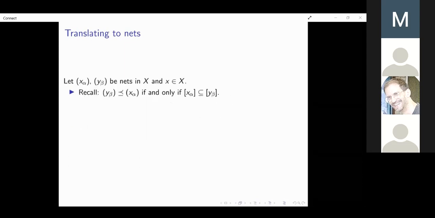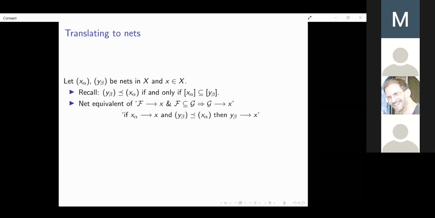Let's look at the second. If you have two nets x_alpha and y_beta, then y_beta is a quasi-subnet of x_alpha if and only if the tail filter of the x_alpha is contained in the tail filter of y_beta.